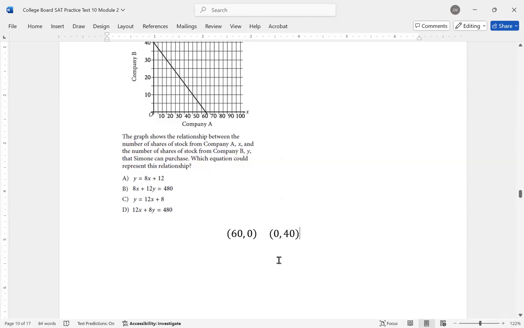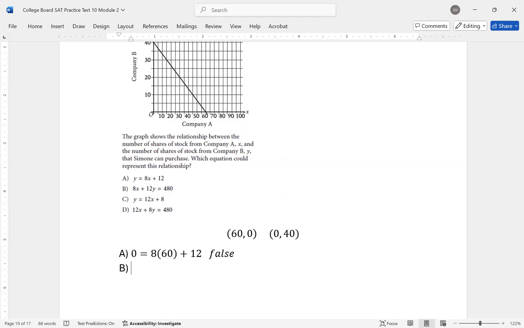If you look at, for instance, option A and plug in (60, 0), then you would get 0 is equal to 8 times 60 plus 12. That's obviously going to be false. We do not get 0 equals 0.